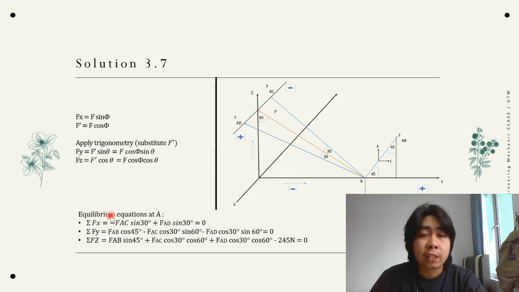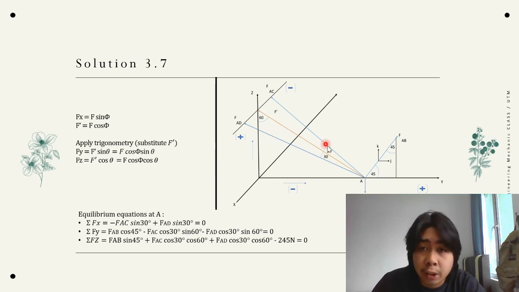The summation of Fx is negative FAC sine 30 degrees. It is sine 30 degrees because the angle is here, and opposite over hypotenuse is sine. Then it is negative since it is on the negative side of the x-axis. So negative FAC sine 30 degrees, plus FAD sine 30 degrees.